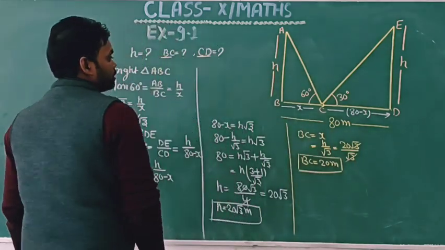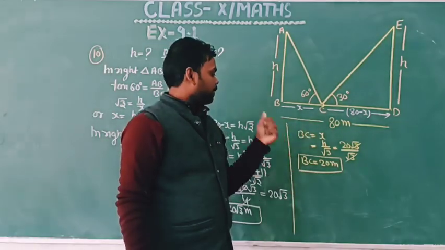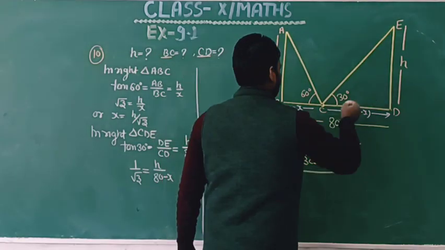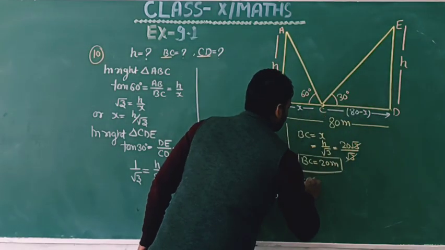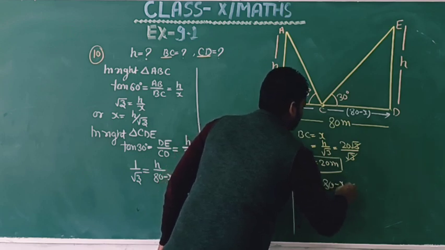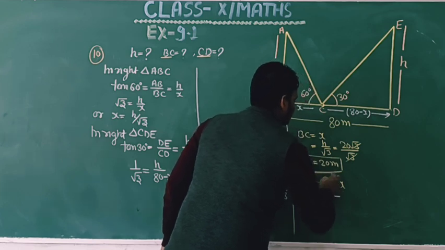So the distance between the point and the pole is 20 meters, and the distance CD is equal to 80 minus X. So 80 and X is 20.